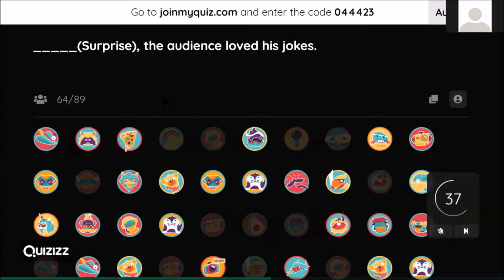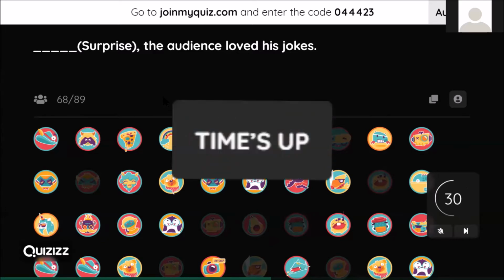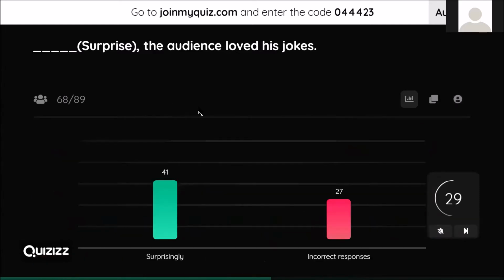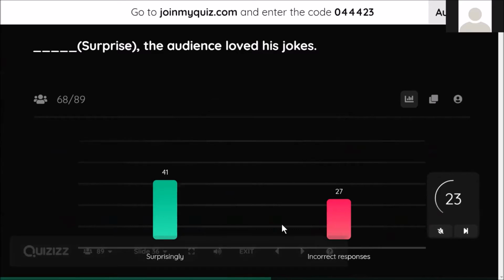So here, the blank is describing the whole sentence. So when you're describing the whole sentence, you need to change to the adverb. So the adverb here, surprise, is surprisingly. Surprising is the adjective, add ly, so surprisingly. The answer is surprisingly.